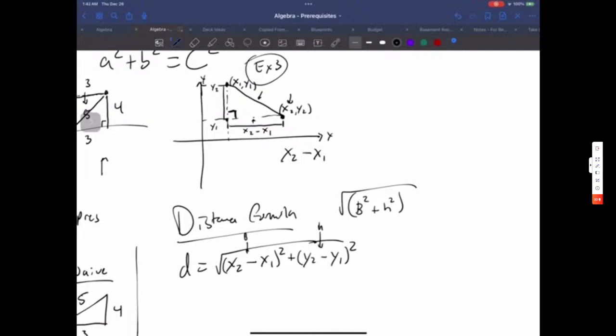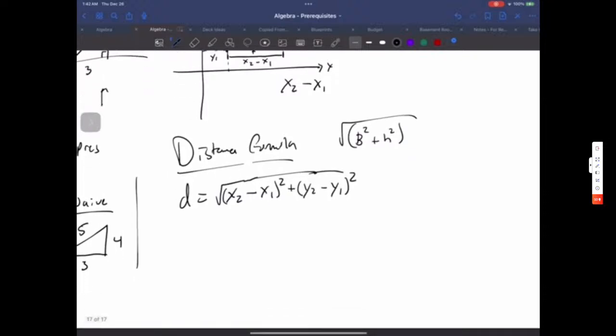So the distance formula comes directly from Pythagorean's theorem. And so we write it like this: x2 minus x1 squared plus y2 minus y1 squared, and then that's going to be this way.